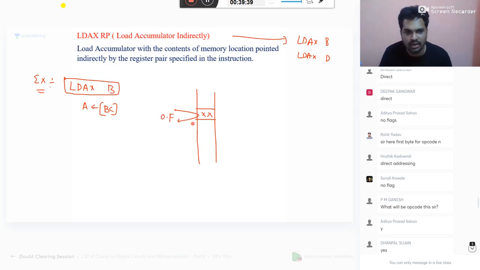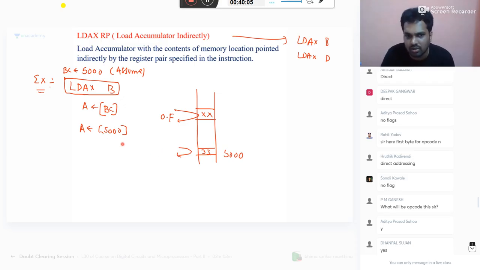But now let's take this example a little further. BC is already having some 5000. This is assumed. Then the accumulator will be copied with the contents of 5000. Let's take some memory location called 5000, and say it is having 33. This value will be copied into whom?